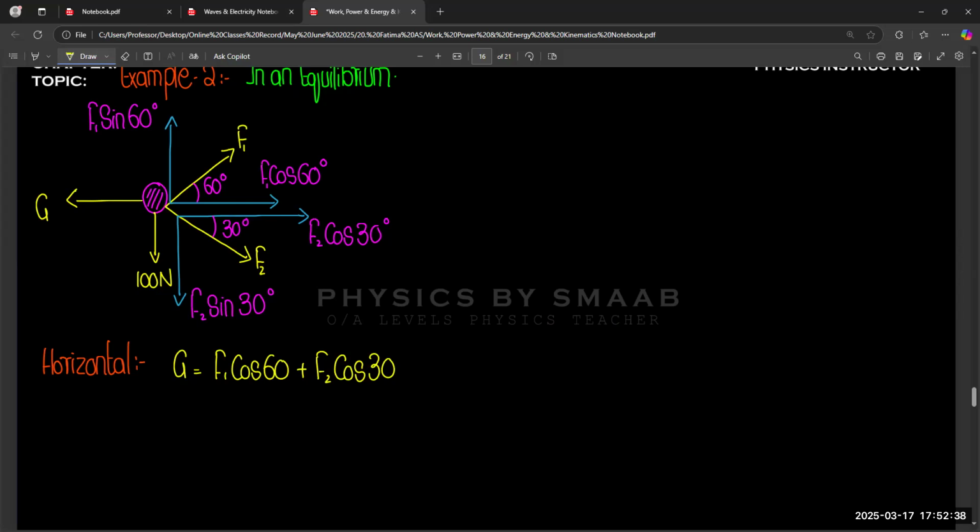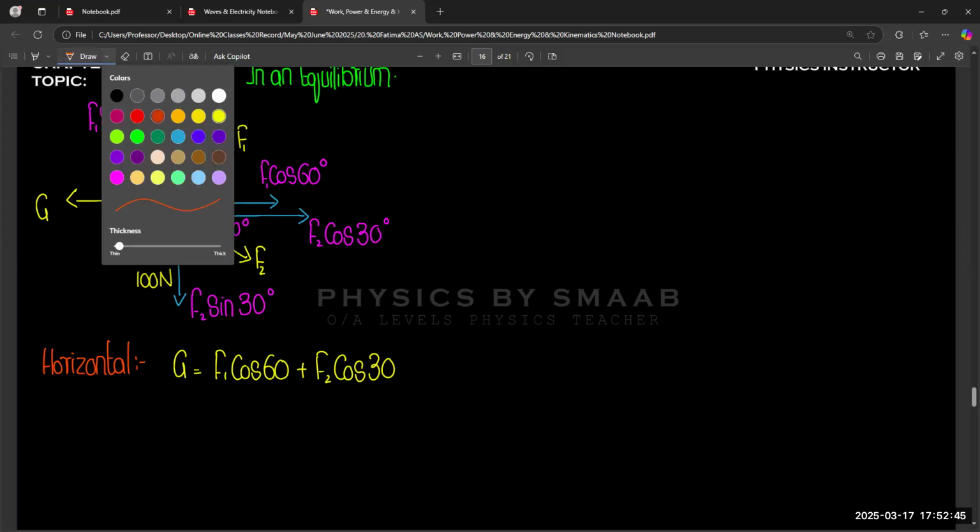So these are the values. Two values are on right hand side, one value on the left hand side. So these values are equal and opposite to each other.